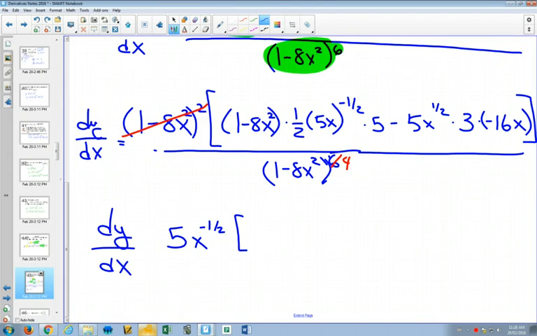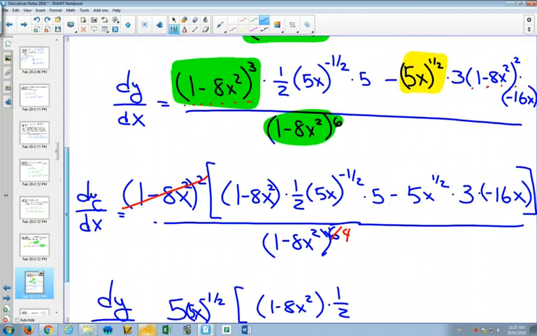That will leave me here with my 1 minus 8x squared and my 1/2, because that 5x to the negative 1/2 and the 5 are brought out. Oops, sorry, I want to put this in brackets. 5x to the negative 1/2 taken out. Did I forget brackets? Yes, I did right here, right?